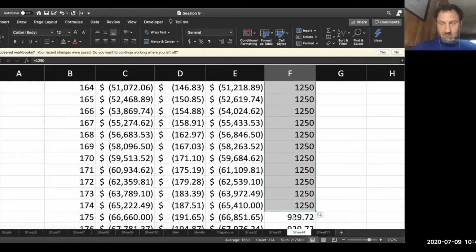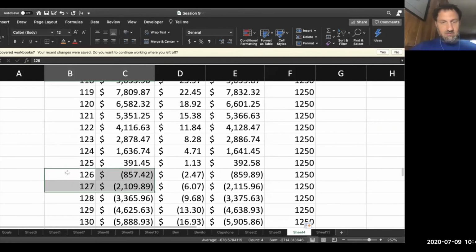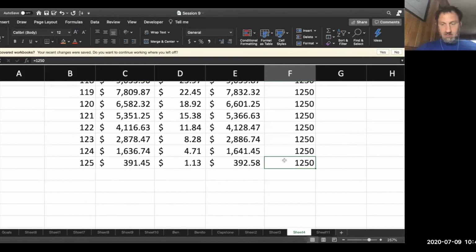Okay, so just for reference, we paid this off in 125 months. Last payment didn't need to be that big. How many years is 125 months?